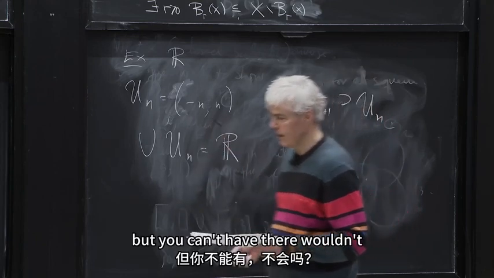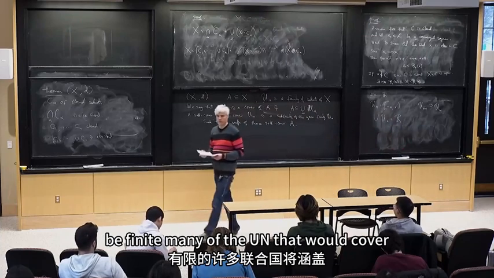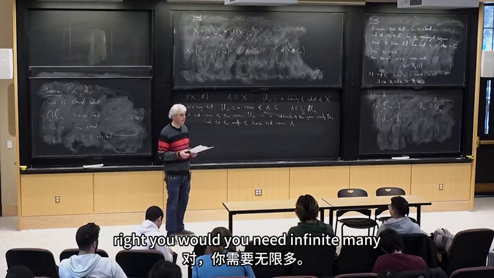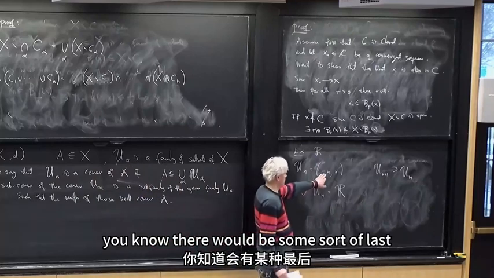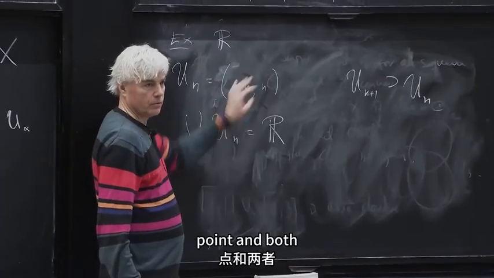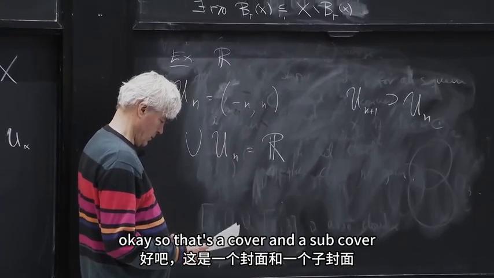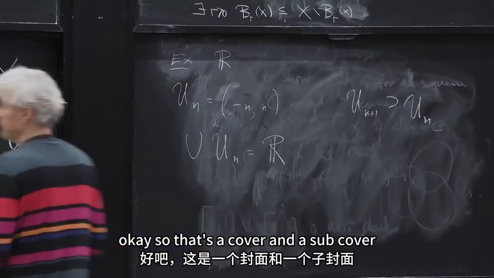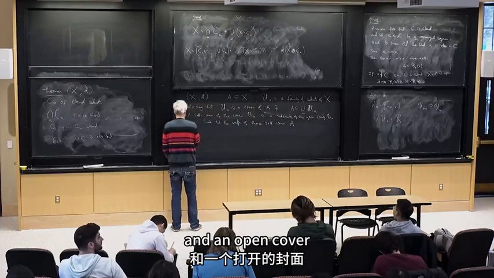But there wouldn't be finitely many of the U_n that would cover. You need infinitely many to cover, because otherwise there would be some sort of last point in both directions. Okay, so that's a cover and a subcover.